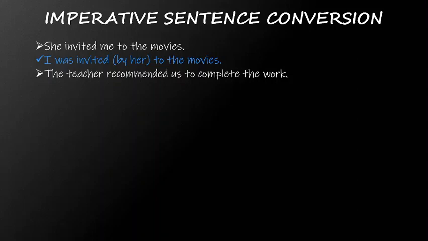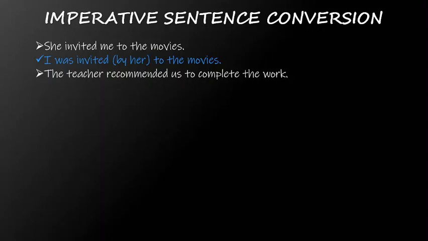Now, if we question the verb, who recommended, we get the answer, the teacher. So the teacher is the subject, and the teacher recommended whom. If we ask, we get the answer, us. So we can say us is the object. So now we have a clear set of subject, verb, and object. What we need to do is to convert this set into passive voice.